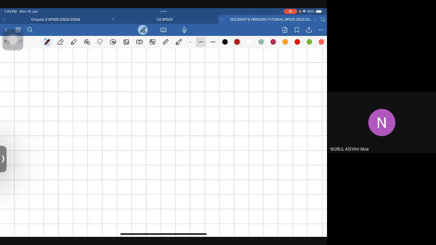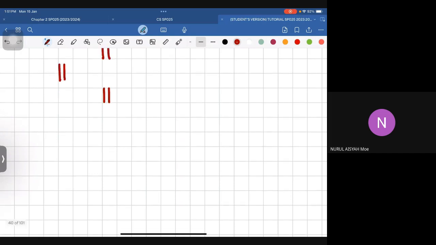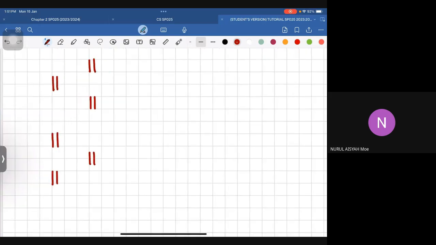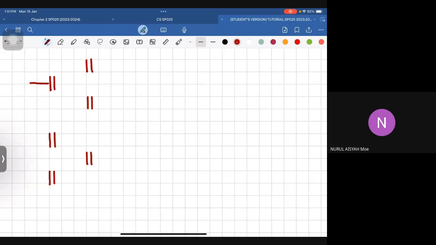Okay, so sekarang ni kita ada satu, dan kita ada satu sini, 3, and then 4, 5, 6.